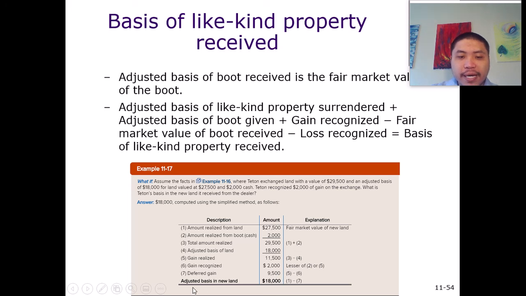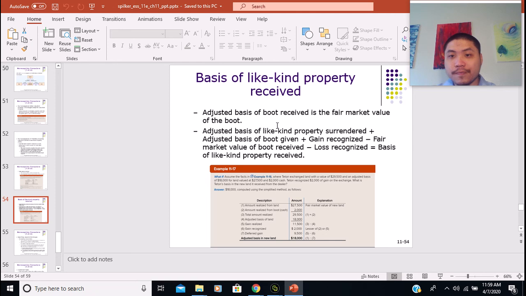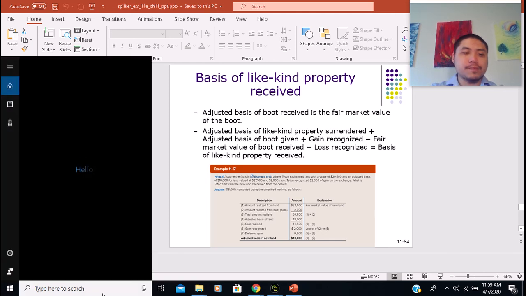So that's how they calculate the adjusted basis of the new land: take $27,500, subtract $9,500. But let's see if we can solve it using the more sophisticated way. So let me open the Excel sheet.